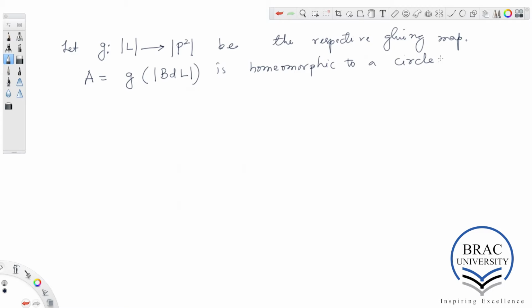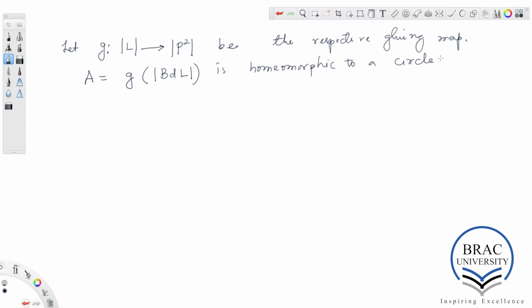So let me reiterate. This circle is precisely the circle along which the Mobius band is attached to the 2 disk. So remember that we cut out a smaller 2 disk to form an annulus, and the annulus with the prescribed identification along its boundary becomes the Mobius band, right?